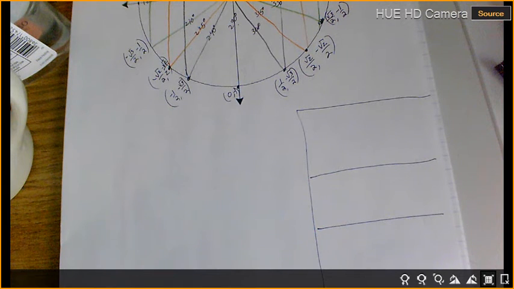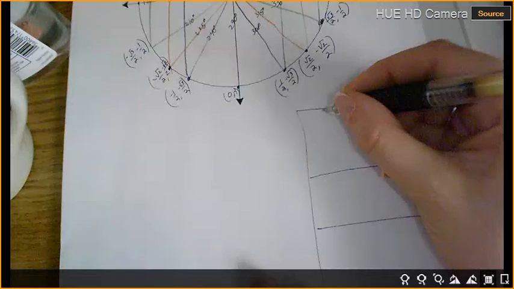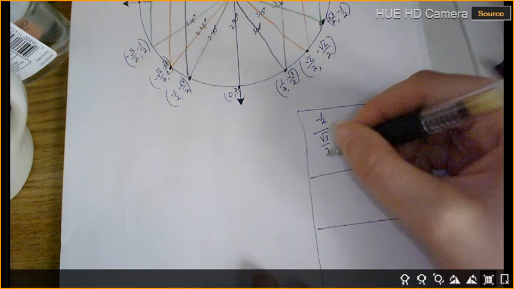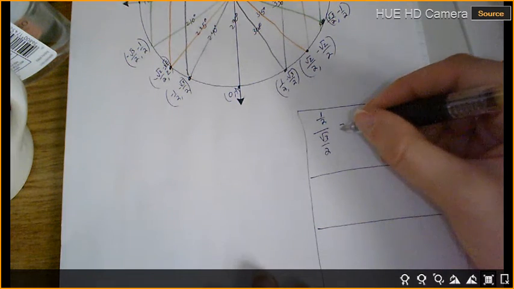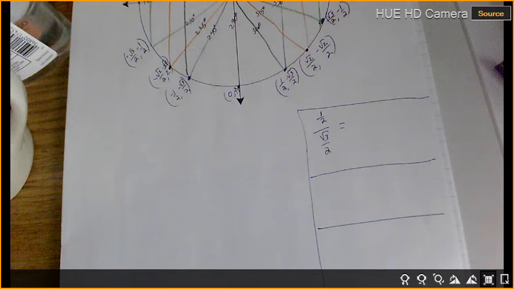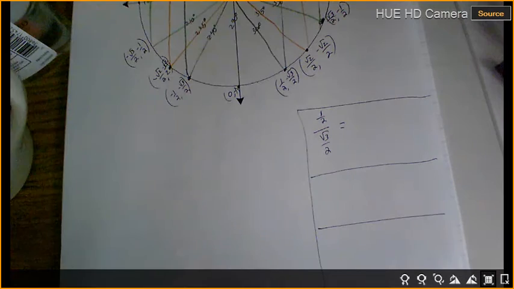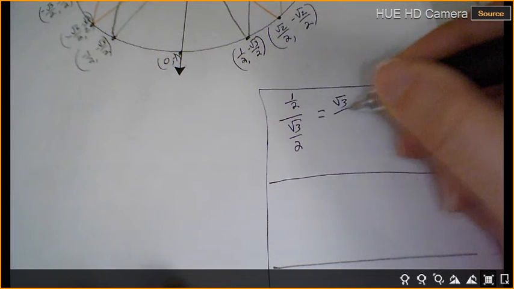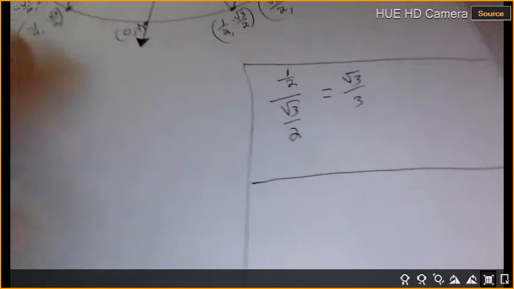Okay. If we have 1/2 over square root 3 over 2, we get what? We already did this. Square root 3 over 3. Okay.